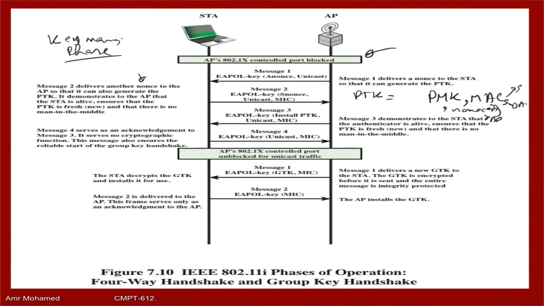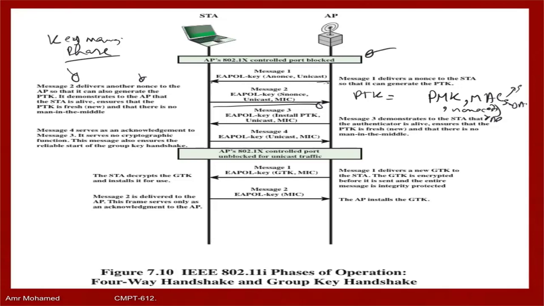So first the access point will send the nonce, and the station will be able to generate a nonce locally at the station, and then generate the pairwise transient key. Then it sends the nonce of the station so that the access point would do the same thing, right?